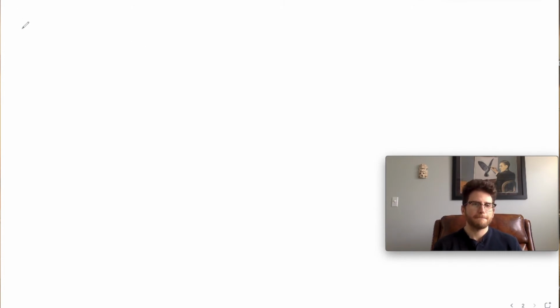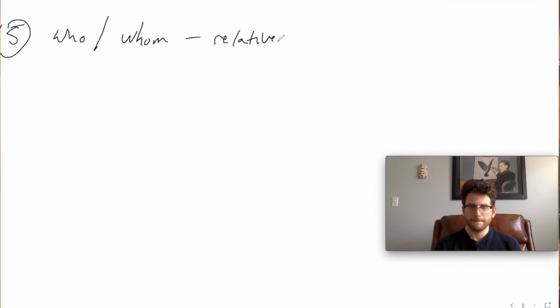Number 5. Who and whom? They're both what are called relative pronouns. What they do in a sentence is they connect a noun to information about that noun.